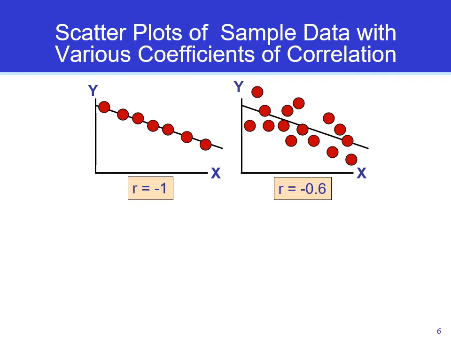So r here is -0.6. Again, negative means the relationship between x and y is negative. If you increase x, y is going to decrease, and vice versa. And it's 0.6, which means that it's not very strong. It's weaker than 100%.